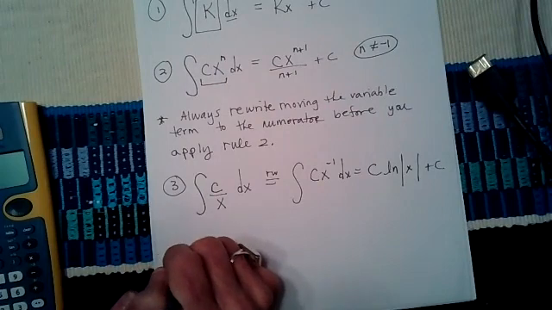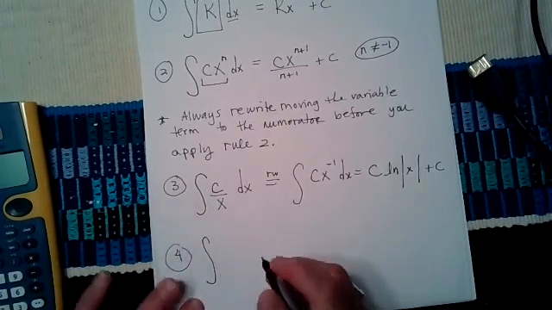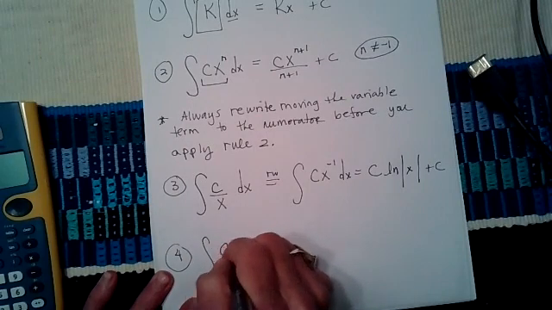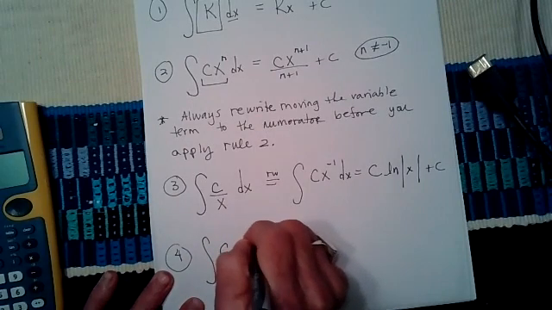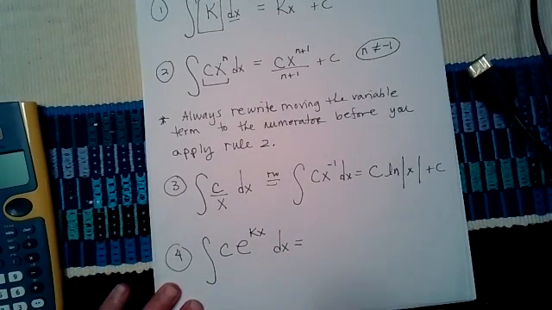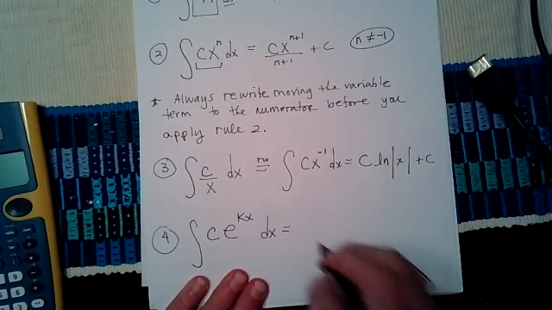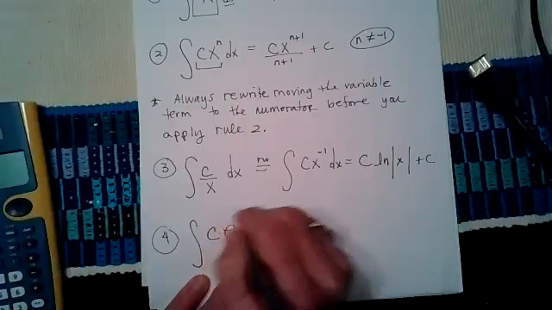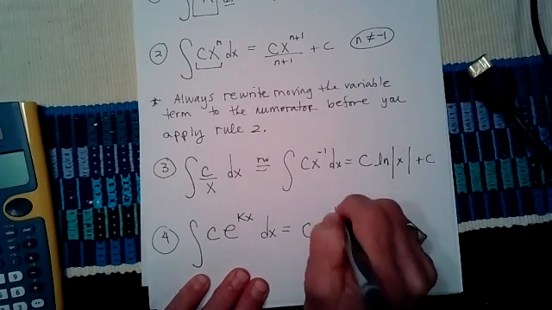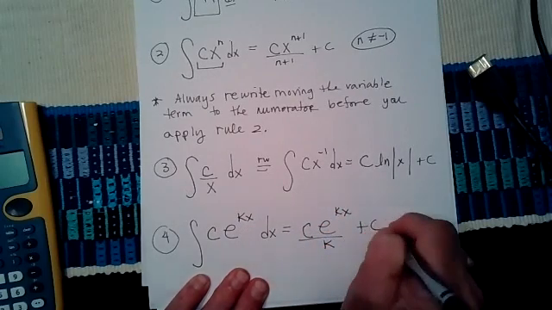Rule number 4 is the indefinite integral of a constant times e to the kx dx. Okay, all right, so a constant times e to the kx is a constant. Bring over your constant, and it's e to the kx, and we divide by the number in front of x plus c.